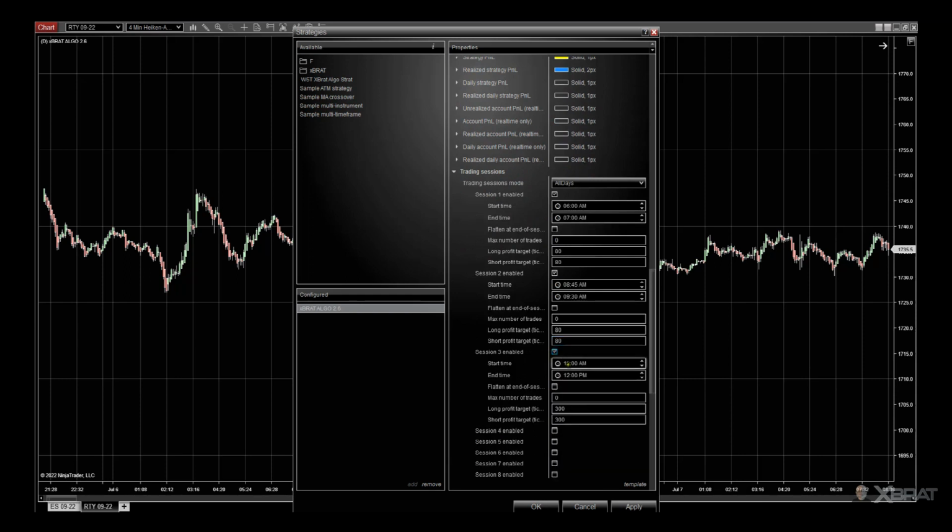3 to 4 p.m. I'm going to leave the flatten at the end of the session off this as well, because I like to carry some of these over if they're really running. Just change those targets again.